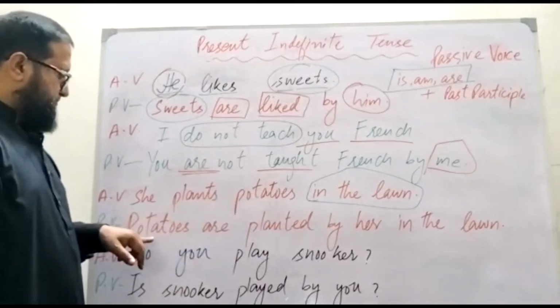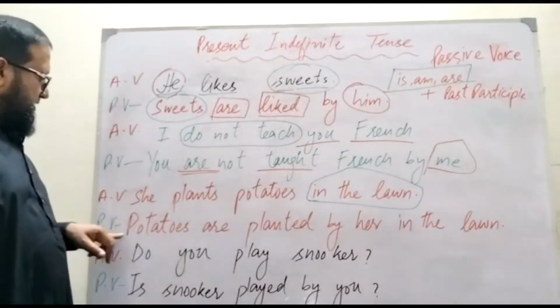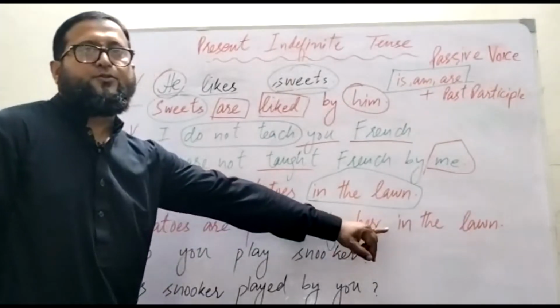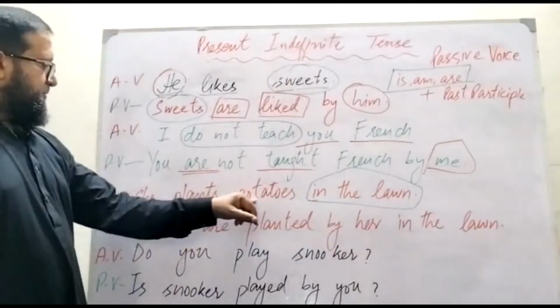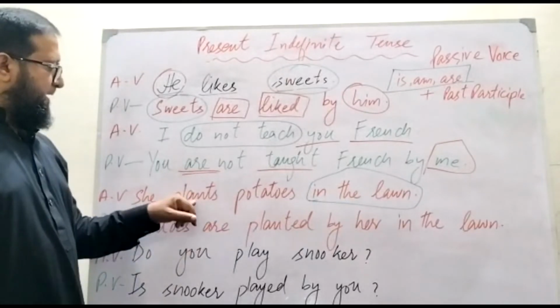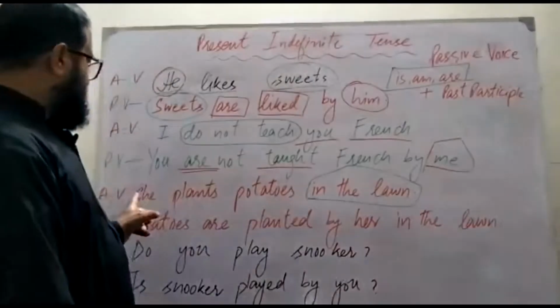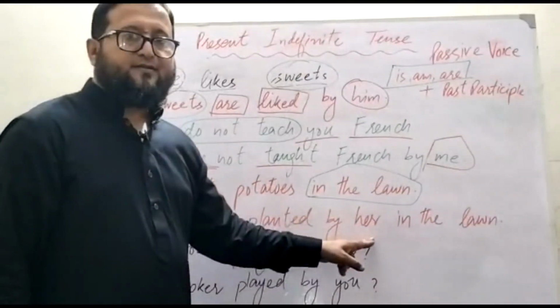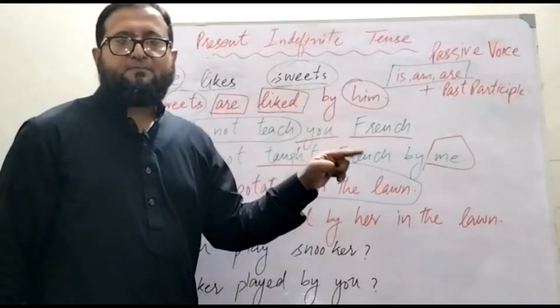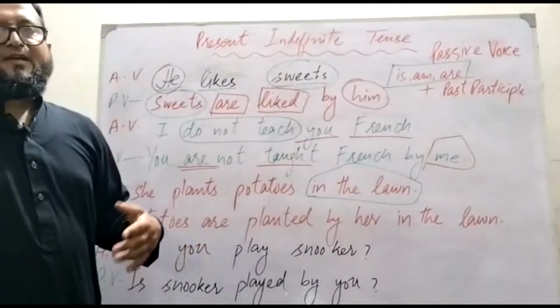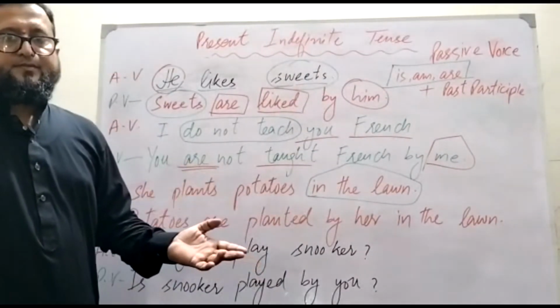So potatoes in the beginning in the passive voice form: potatoes are planted by her in the lawn. Alright? Potatoes over there, plants converts into are planted. And then by her. She will be converted into by her, I into by me, you into by you, they into by them.